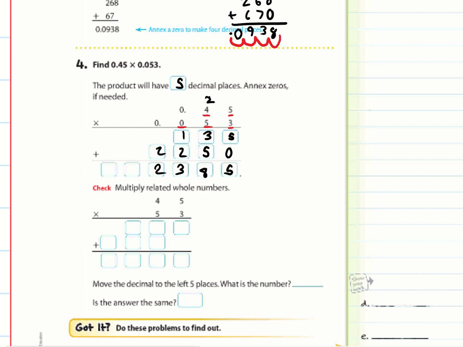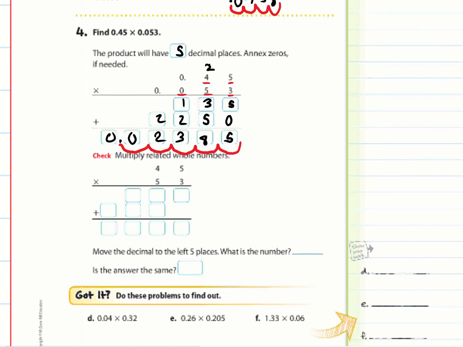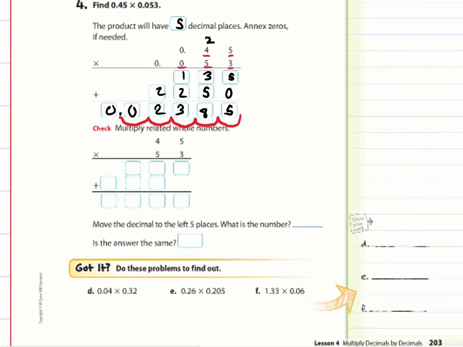And we have to move this decimal place 5 times. 1, 2, 3, 4, 5. So the decimal place here, we can add a 0 here and annex a 0 here. So we're going to check by multiplying with real numbers. So if we multiply with real numbers, we're going to get the same thing.